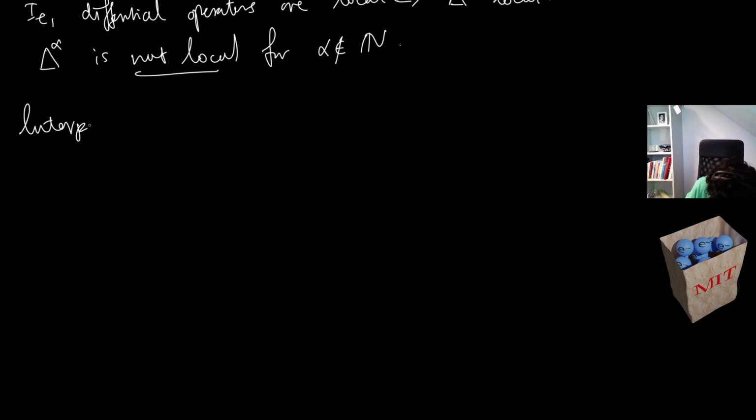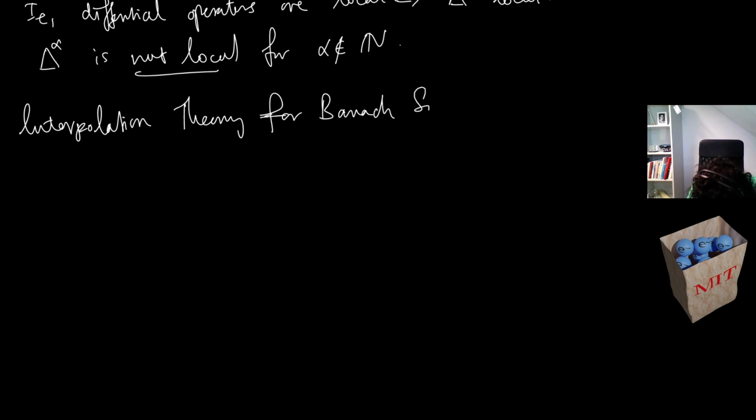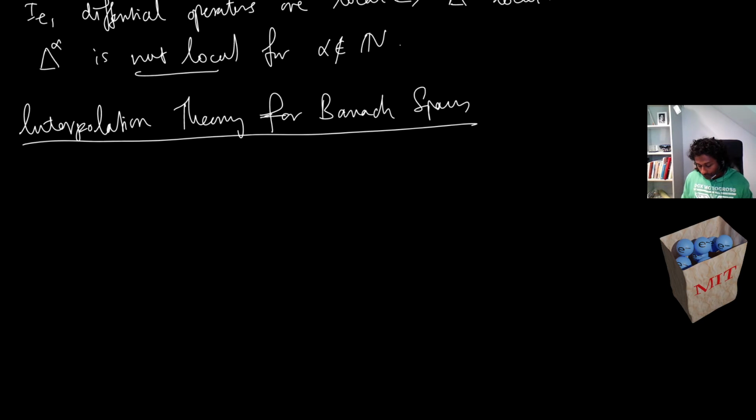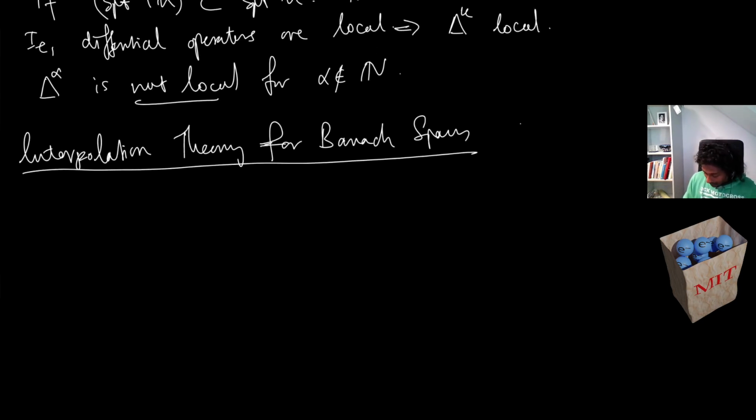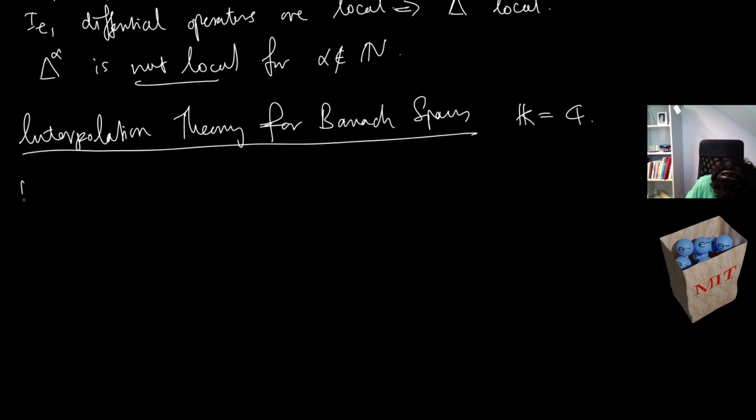So interpolation theory for Banach spaces. Again, my field is always fixed to the complex numbers, right? So let's recall a definition, or you can see a definition if you haven't seen it.